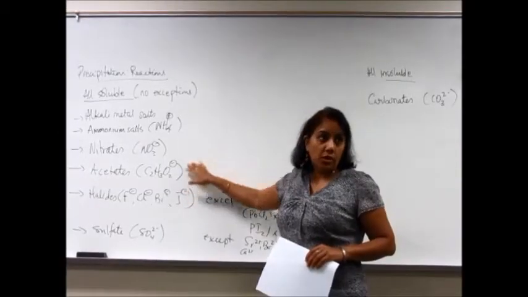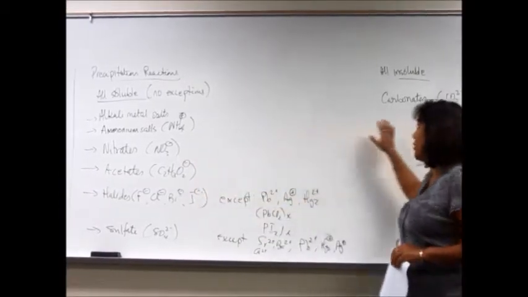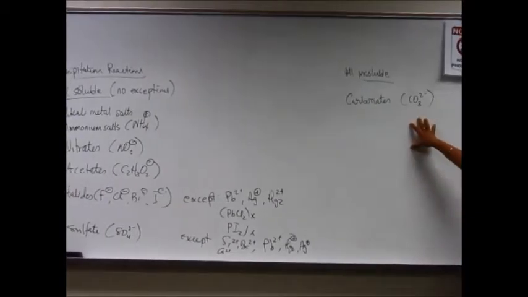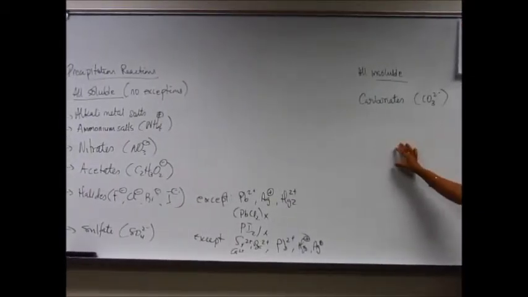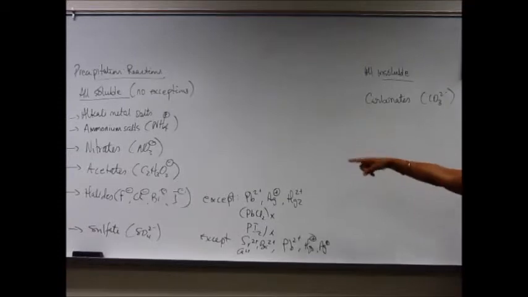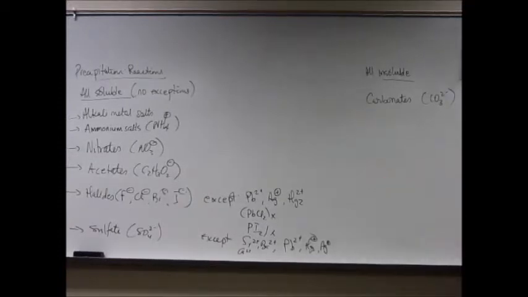Carbonates are supposed to be all insoluble, except for those things, and strontium is not there, so strontium carbonate is insoluble. Magnesium sulfate, insoluble then, because sulfates are supposed to be over here with all insolubles. So that's how you would answer these questions.